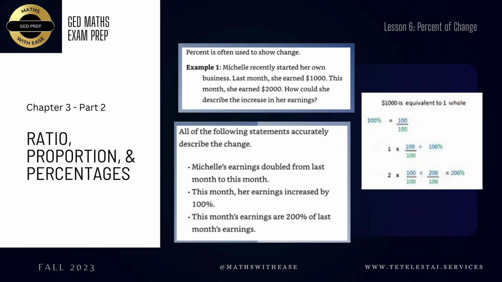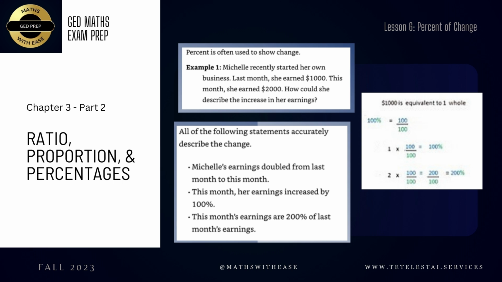It didn't increase by a portion, like it didn't increase by 10%, for example, which would be $100 in this case, nor did it increase by $200, which would be 20% of 1,000. It increased by $1,000, which is exactly 100%. And so you would multiply one, or the equivalent of her whole income, by the percentage increase, which is 100%.